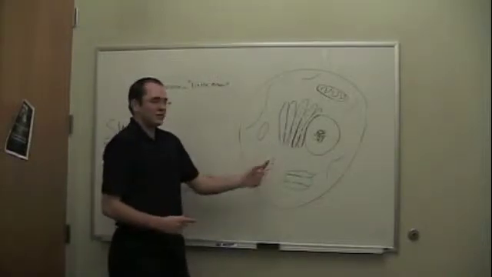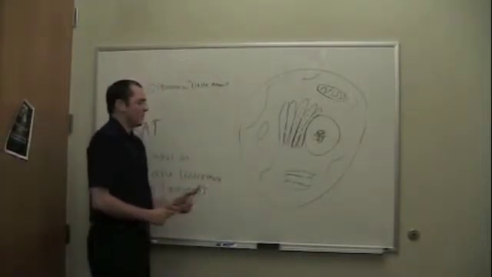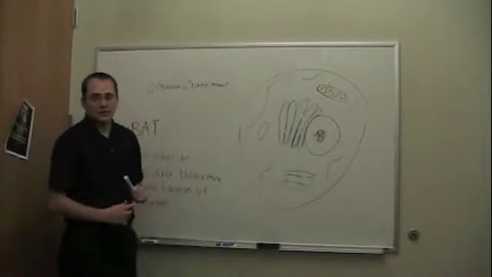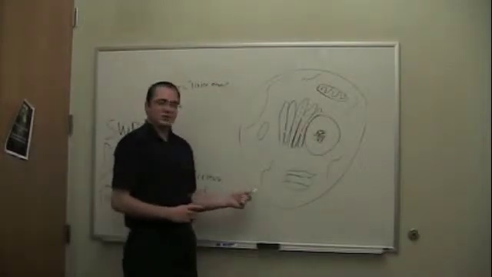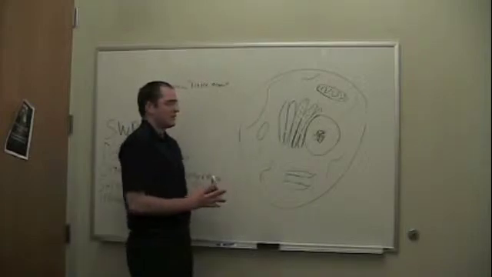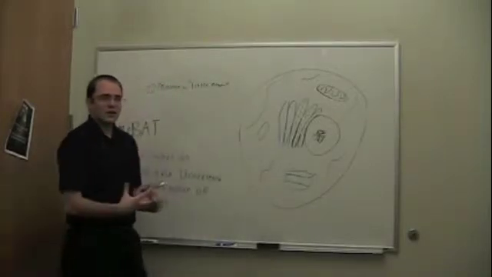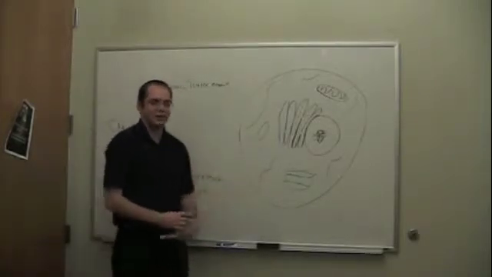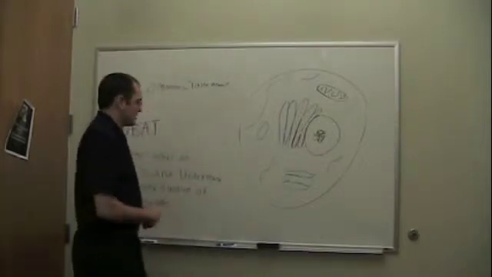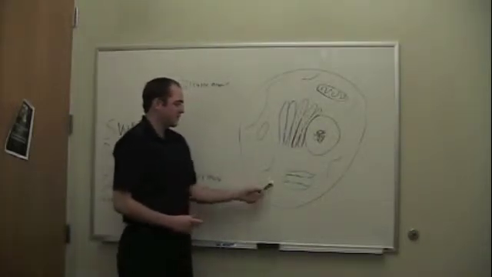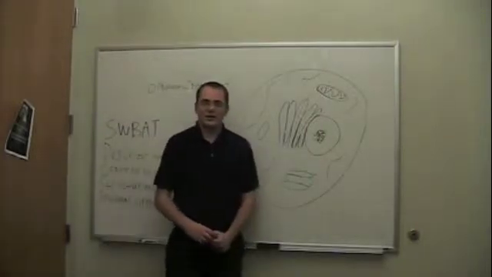And each one of these little organelles is a little organ. So they function individually. They each have their own function, and they all combine together to make up the whole cell and what the cell does.